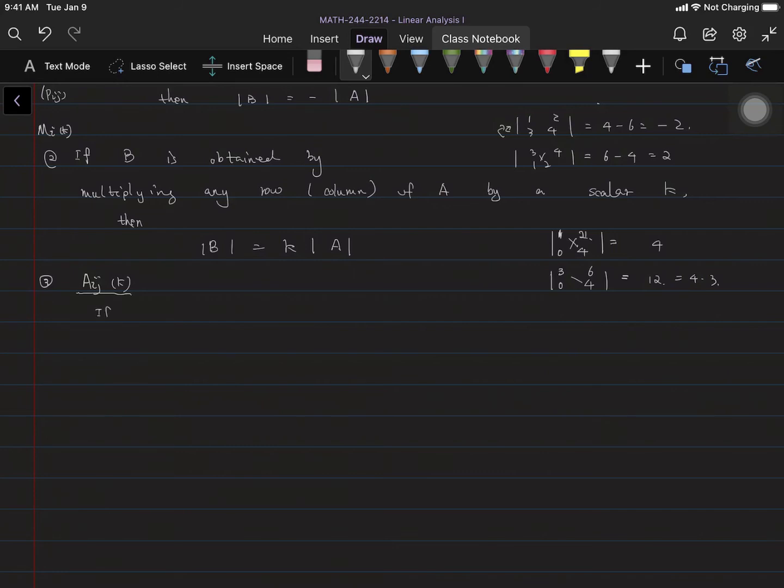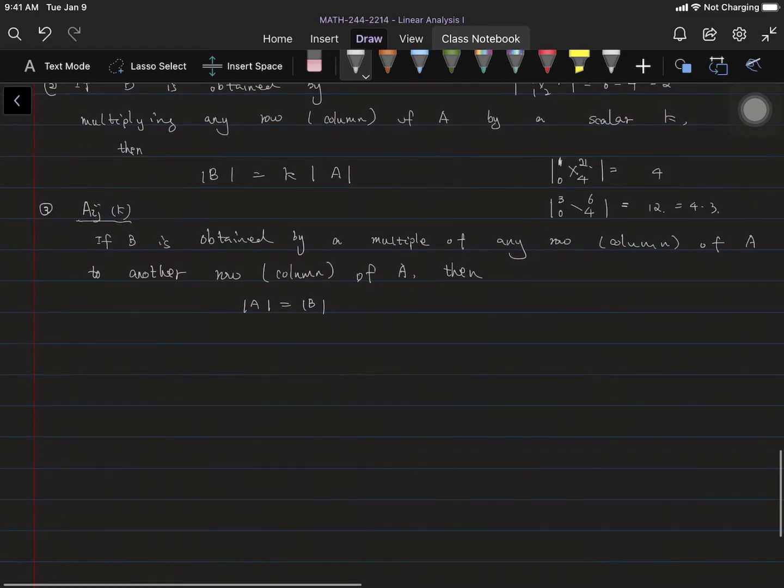If B is obtained by adding a multiple of any row or column of A to another row or column of A, then in this case, determinant of A and determinant of B are the same thing.